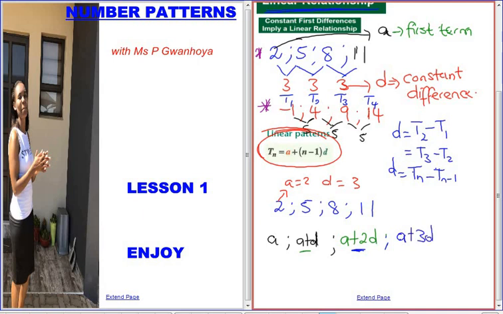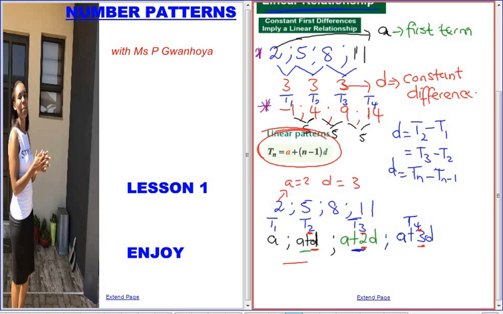Well, if you are noticing, this term here is in place of T1, this is in place of T2, this in place of T3, and this in place of T4. You are noticing that the number of D's you've got here is 1 less than the number of terms. If we are dealing with 2 D's, it means we are on T3. If it is 3 D's, it means it's T4.